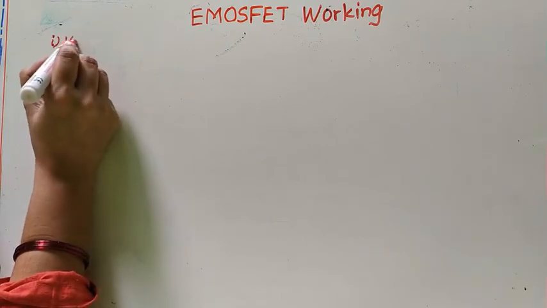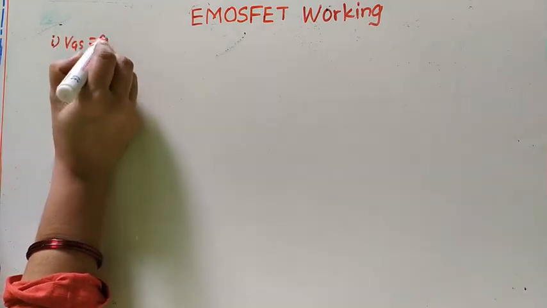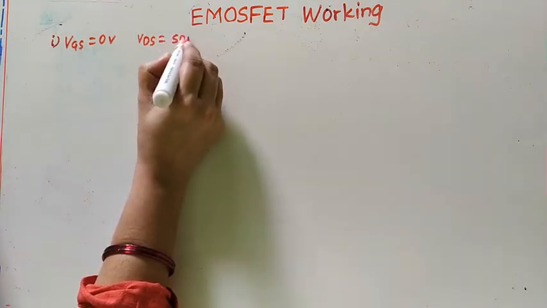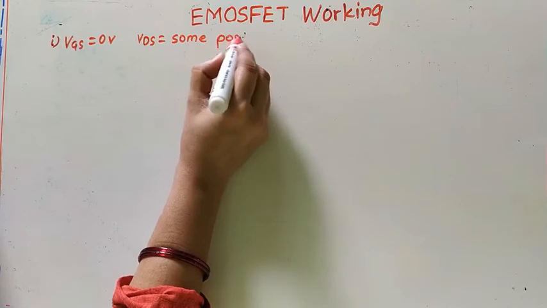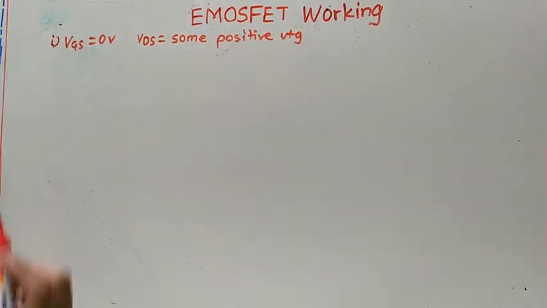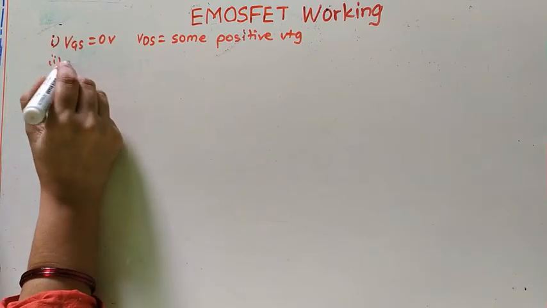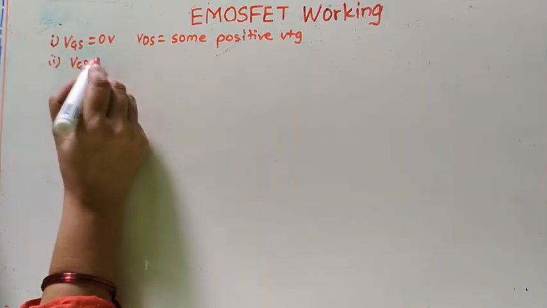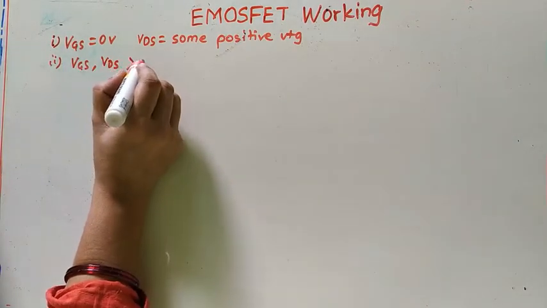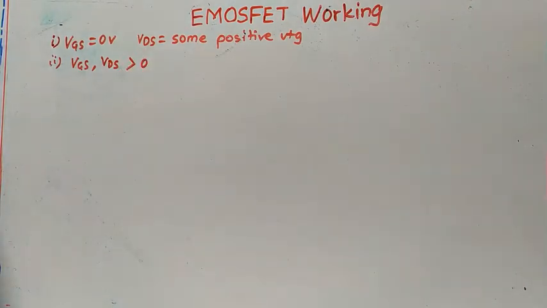First case, when VGS is equal to 0 volt and VDS is some positive voltage, and the second case is where VGS as well as VDS is some positive voltage. That means VGS and VDS both are provided with voltage greater than 0 volt.